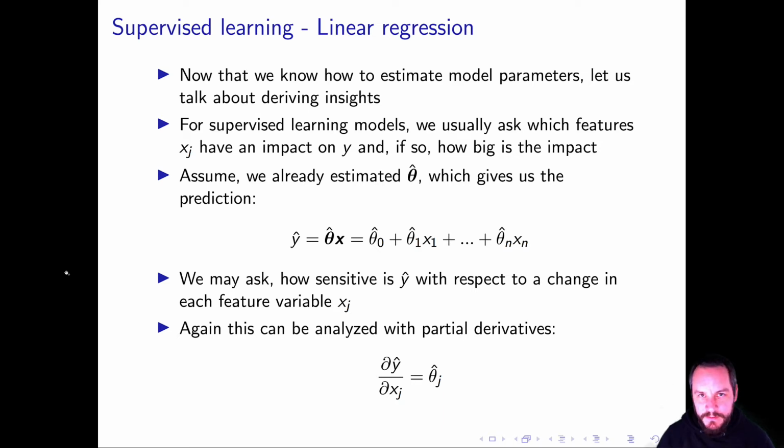Of course, just to make sure, only when we want to compare this, the feature variables themselves all need to be on very comparable scales. So they should be pre-processed before that. They should be brought to the same numerical range, right, so that we can compare them. But if this is done, then the value here directly tells us if a marginal change in this feature variable would drastically or would not drastically change our prediction.